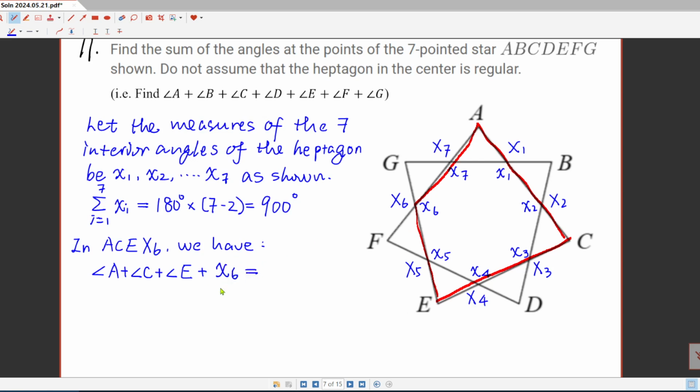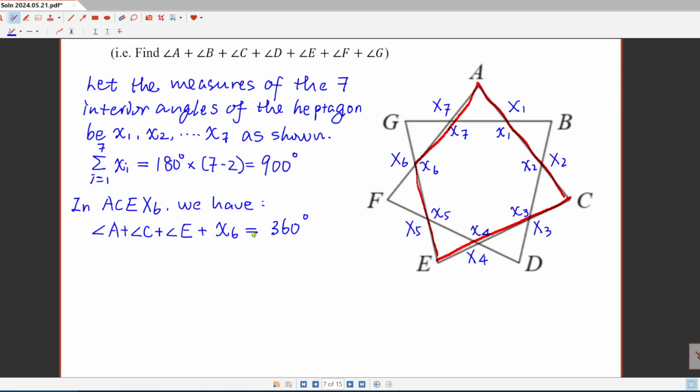Should equal 180 degrees times 4 minus 2, which is 360 degrees, right? And similarly, you could also consider some other quadrilaterals.